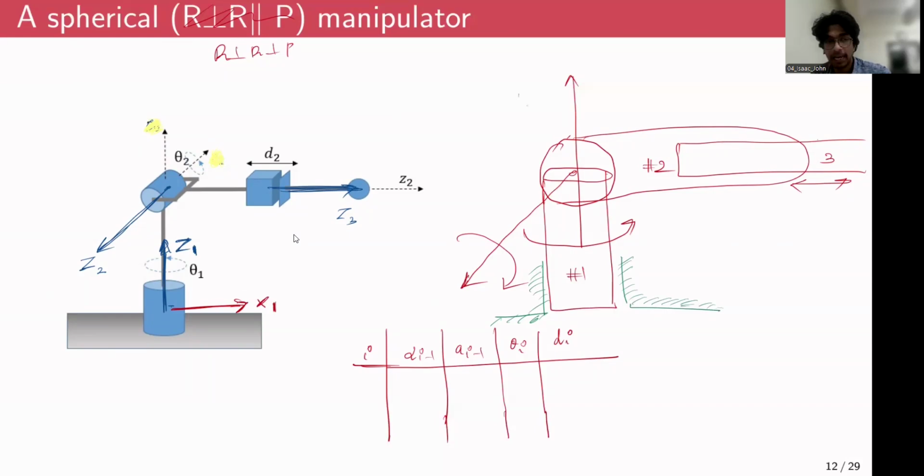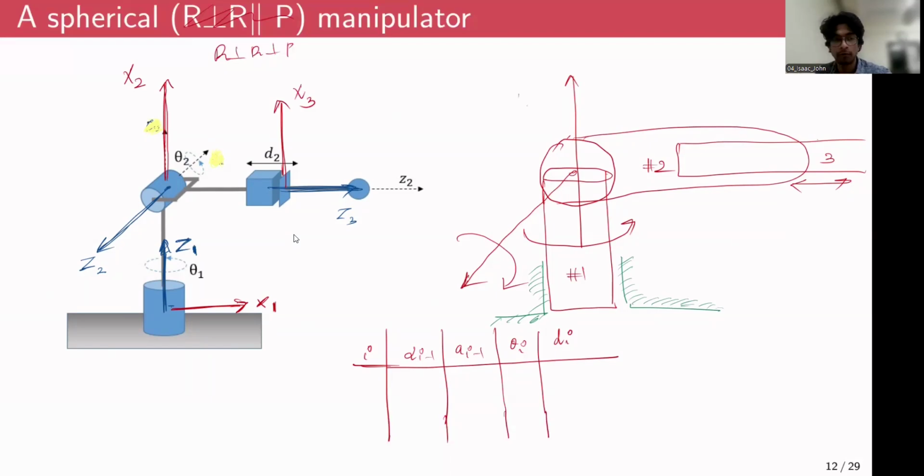And now what about the x2 axis? For the x2 axis, you have to look at the direction of Z2 and Z3, and perpendicular to Z2 and Z3 would be this direction, vertically up direction. So I'll attach my x2 like so. And x3 is basically a free choice, because for convenience, since that is the final axis, I can probably choose x3 like so, vertically upward.